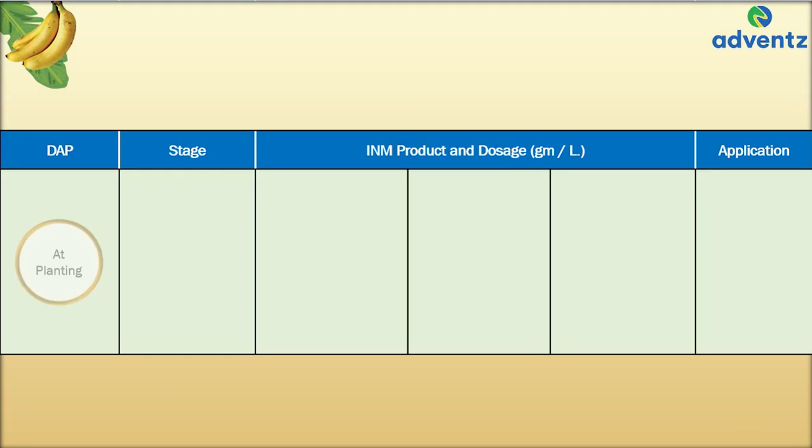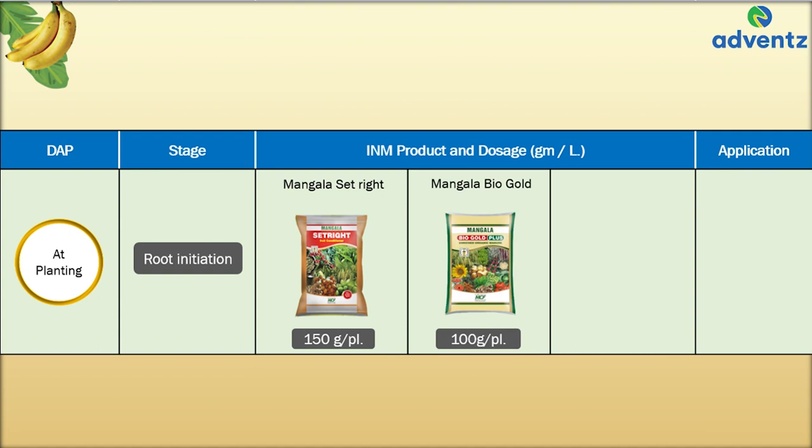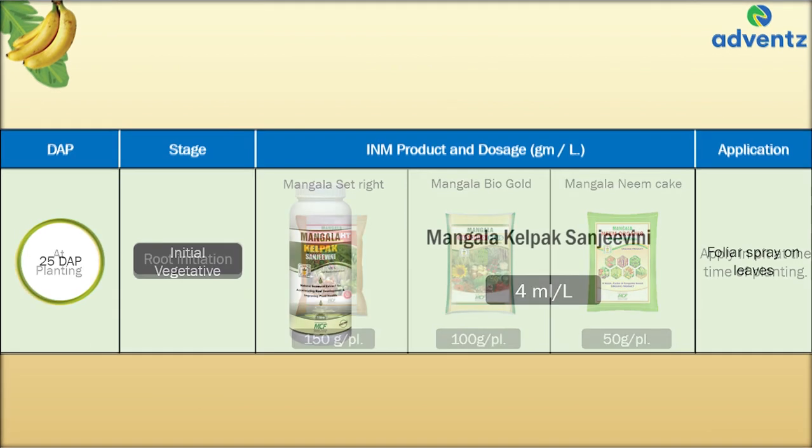At the time of planting, which is the stage of root initiation, we should apply Mangala cetrite at the rate of 150 grams per plant, Mangala Biogold at the rate of 100 grams per plant, and Mangala neem cake at the rate of 50 grams per plant in pit fill with soil for better establishment.